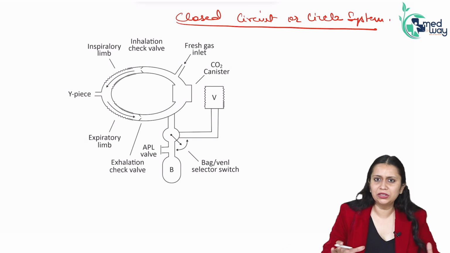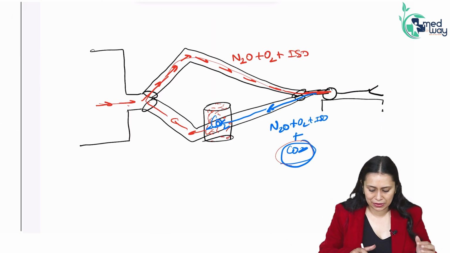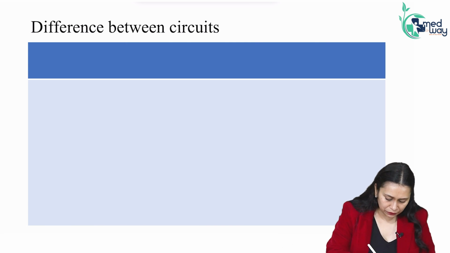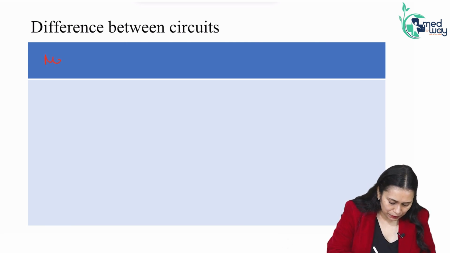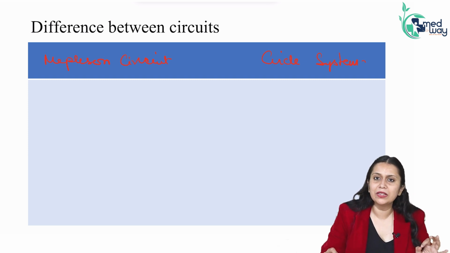So let us first discuss the difference between the closed or circle system and the Mapleson circuit. Just now, as we discussed, the circle system is more economical and requires less fresh gas flow for CO2 removal.